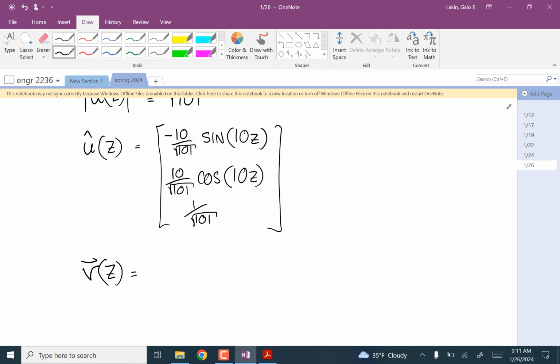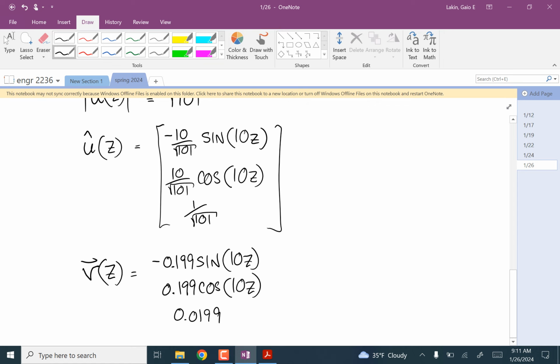The speed is 0.2, so this comes out to be negative 0.199 sine of 10z, positive 0.199 cosine of 10z, and 0.0199. Okay, so that's the velocity vector.